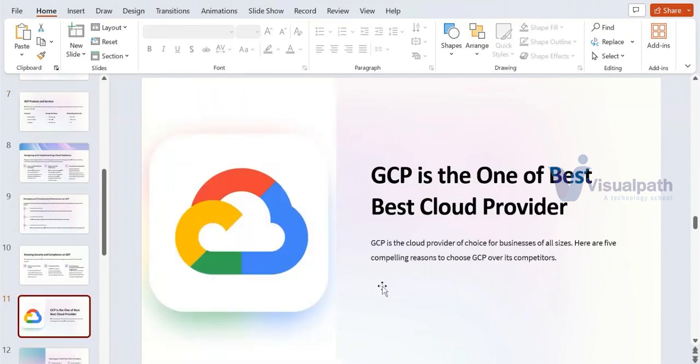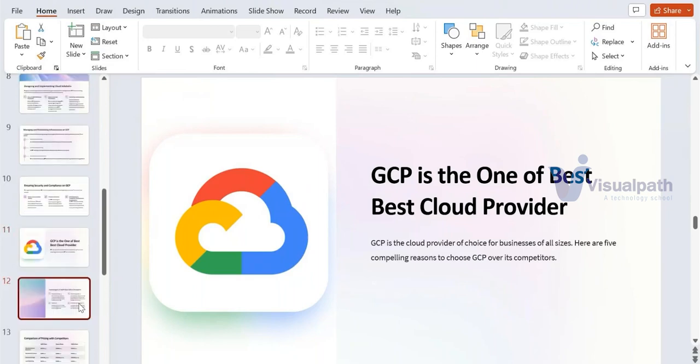Now, why do we learn GCP and not other cloud providers, right? So we call GCP one of the best cloud providers, and we have a sustainable answer to support that, right? What are those?